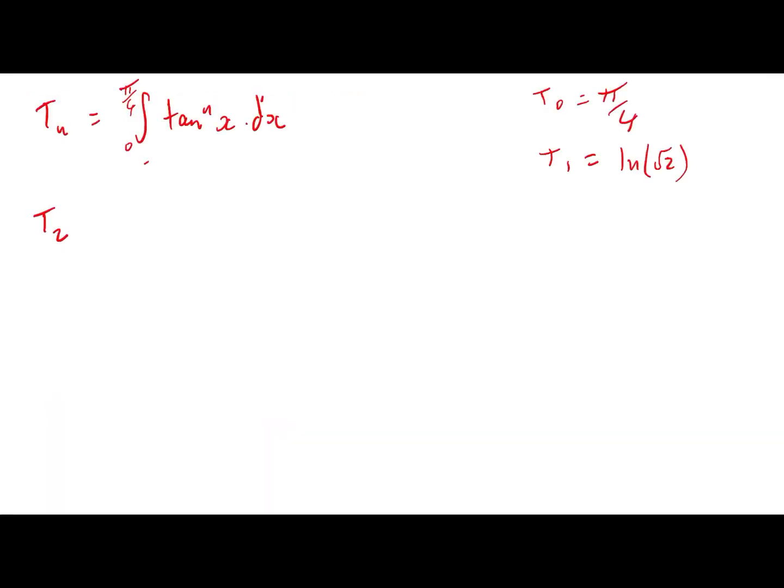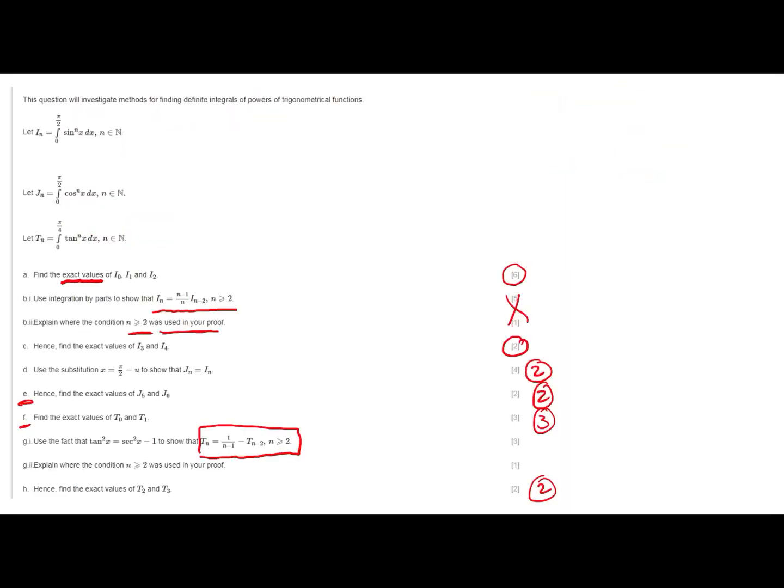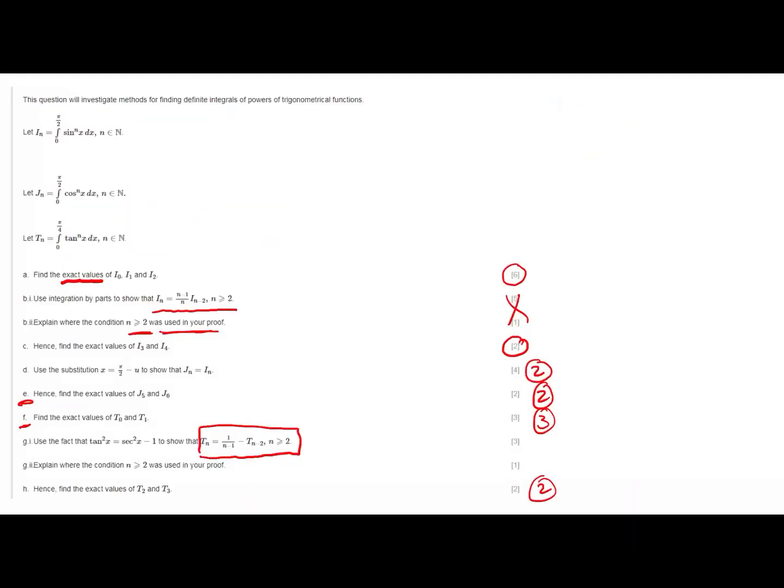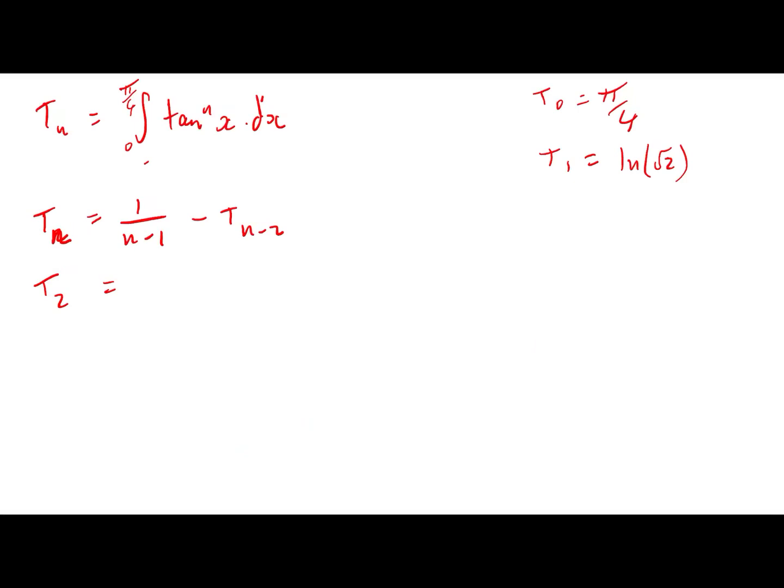Okay, so that's T2 is going to be, like I said, let's write down the formula that you're given first. Tn is equal to 1 over n minus 1 minus T of n minus 2. So what are we trying to find out here? We're trying to find T2 and T3.